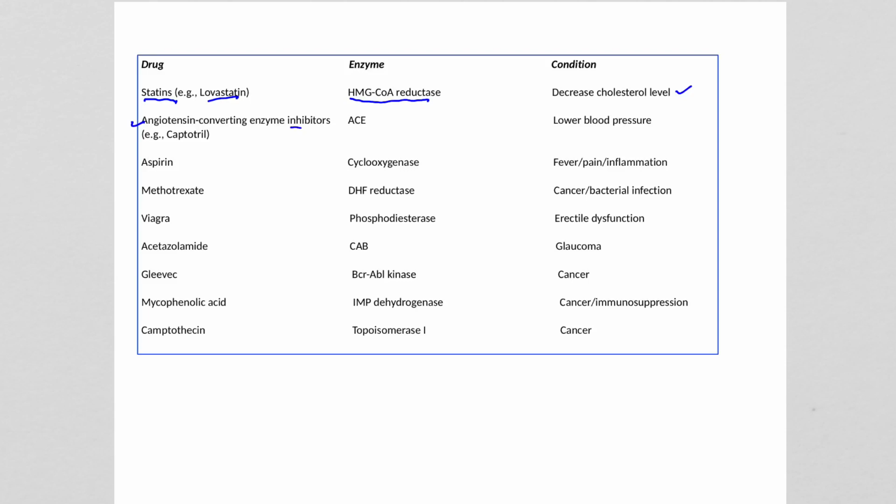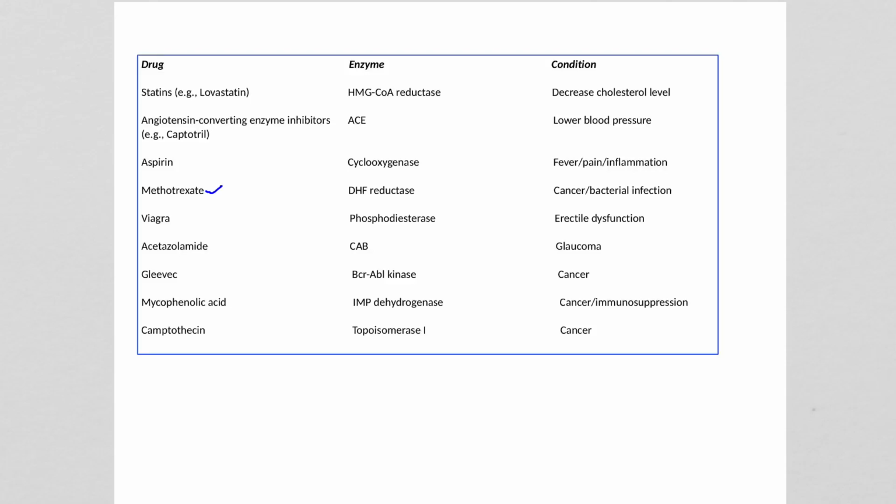Angiotensin-converting enzyme inhibitors, such as captopril, inhibit the enzyme angiotensin-converting enzyme, or ACE, and these drugs are used to decrease blood pressure. The well-known drug aspirin inhibits the enzyme cyclooxygenase, and this helps us in reducing fever, pain, or inflammation.